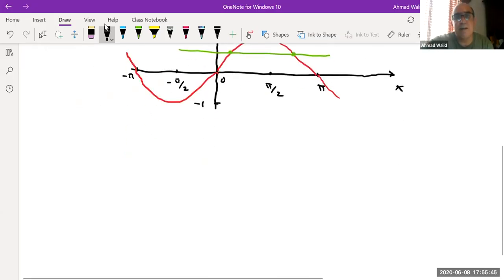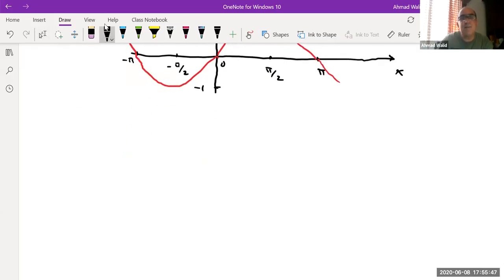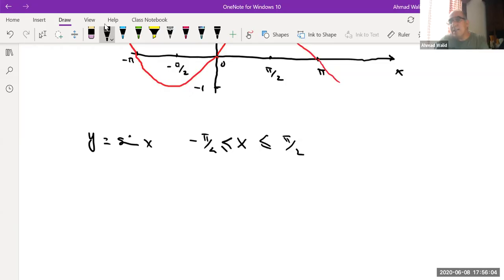How? Let's see this graph. Again, I have y equals sine x, where x is greater than or equal to negative pi over 2 and less than or equal to pi over 2. I restricted the domain, correct?